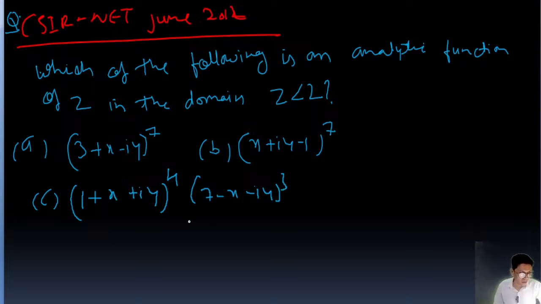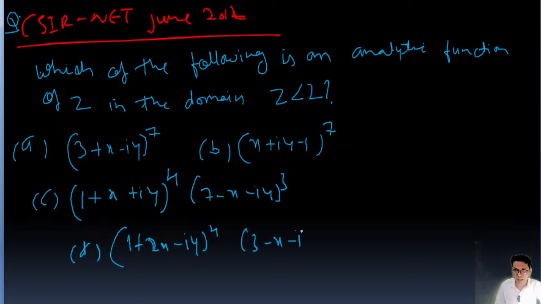Okay, option C. Option D is 1 plus 2x minus iota y to the power 4 into 3 minus x minus iota y to the power 3. Okay, so this is the one, guys. We have to check which function is analytic. Okay, so this is the question.